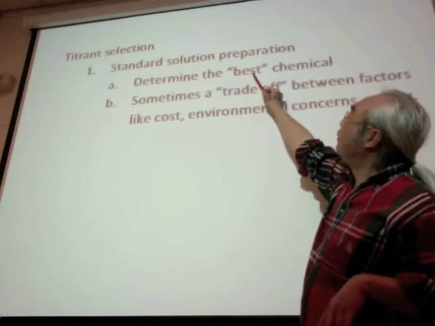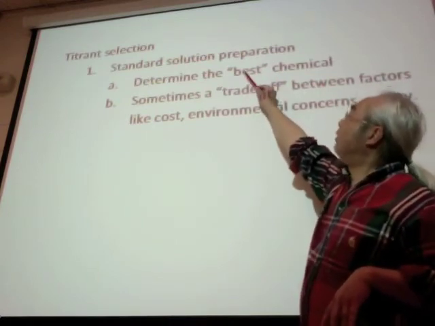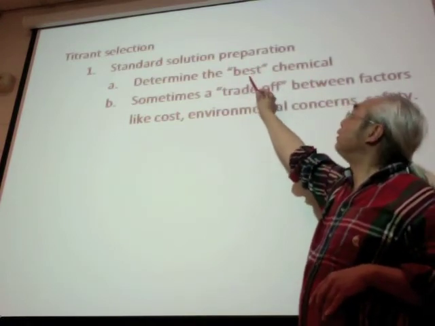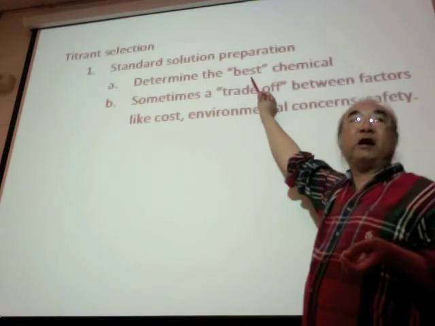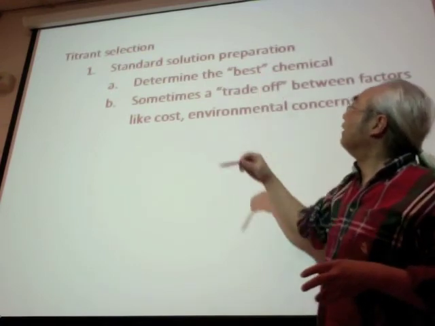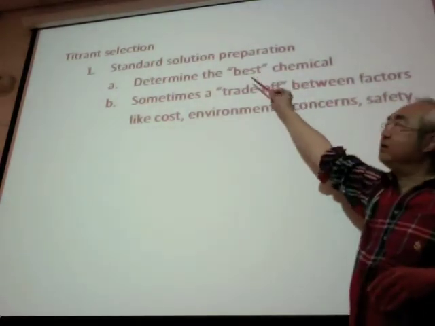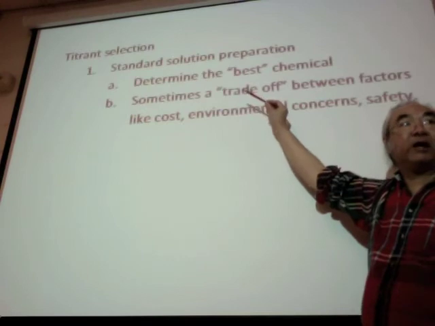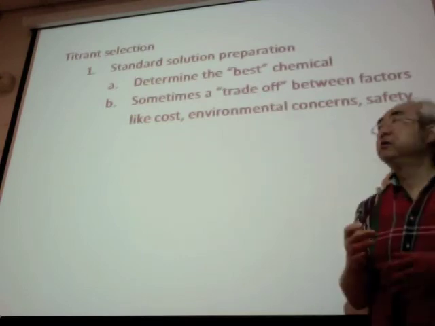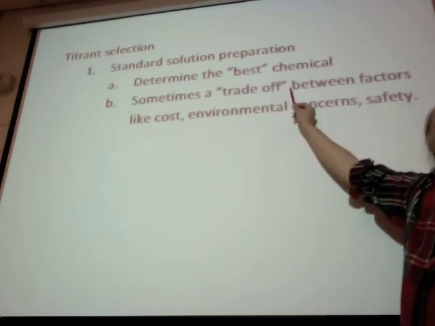So you will want to pick the best chemical to make the titrant solution. So how do we define the best chemical? We will talk about that a little later. Whenever you're dealing with the best, there could be trade-offs. So you have some criteria to go through, compare, and then compromise.